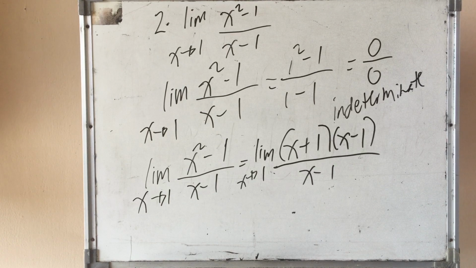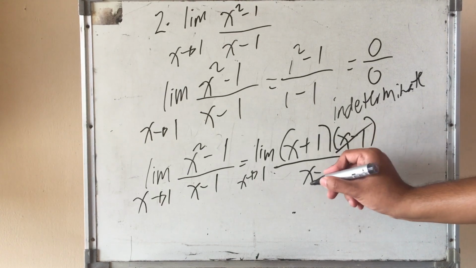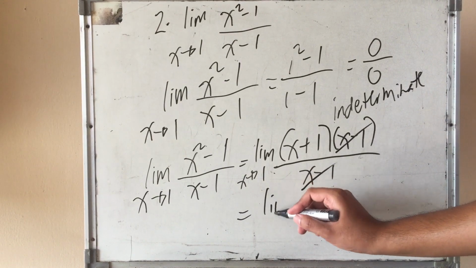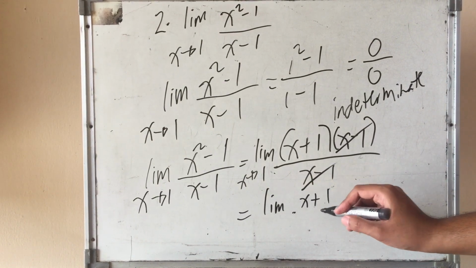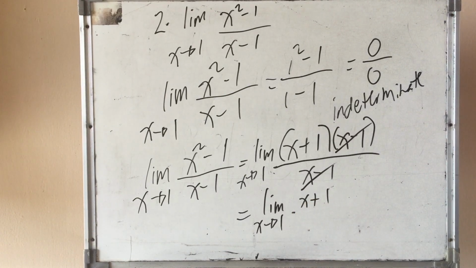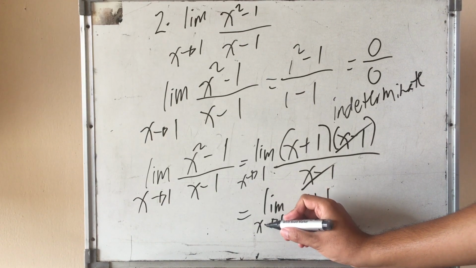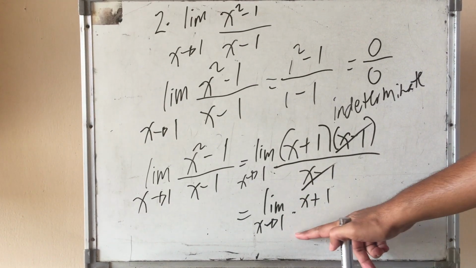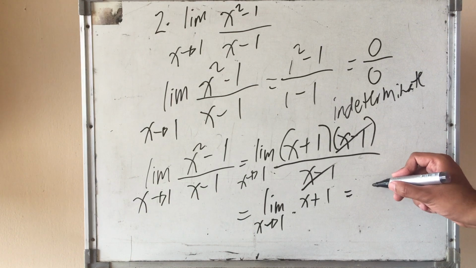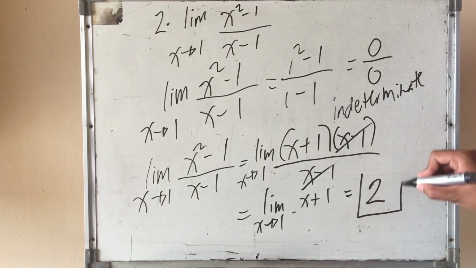Cancel out x minus 1 and x minus 1. We have now the limit of x plus 1 as x approaches 1. From this simplification, we can now substitute x equals 1. So the limit of x plus 1 as x approaches 1 is equal to 2. Answer.